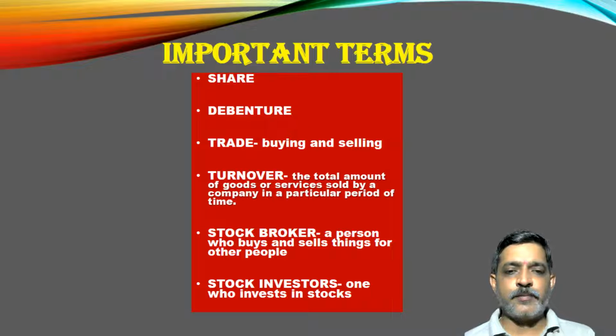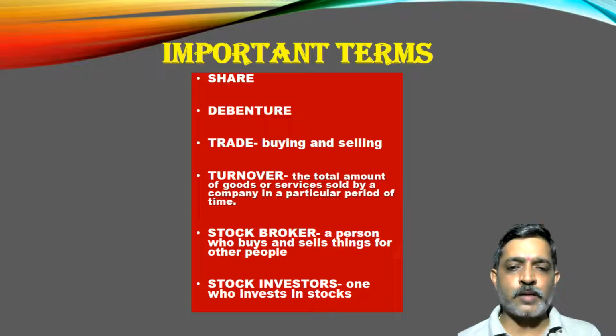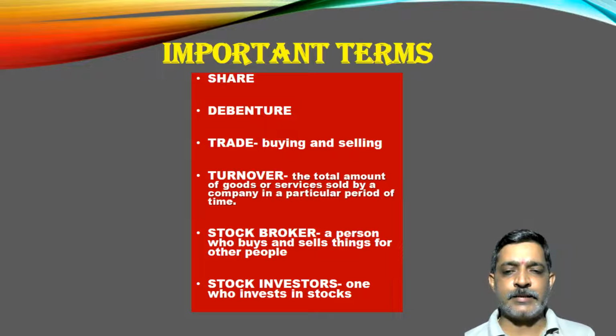Then another important term here is turnover. Turnover is the total amount of goods or services sold by a company in a particular period of time. Then we have stockbroker. A stockbroker is a person who buys and sells things for other people.